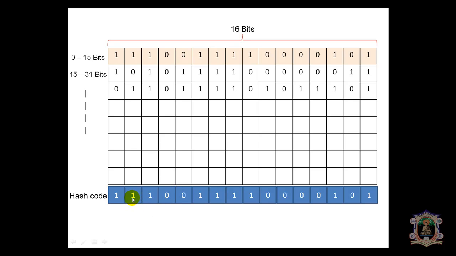So what we get is this value. And next we circularly left shift this hash code so that the 6th bit comes to the 7th bit and so on, and the MSB will go to the LSB like this. Then this circularly shifted hash code should be XORed with the next block of data, which is like this.